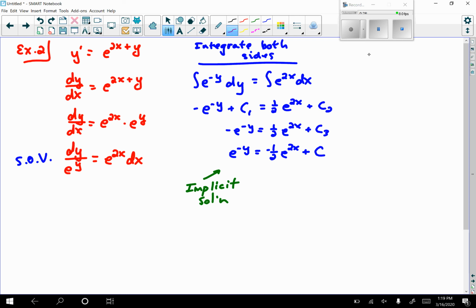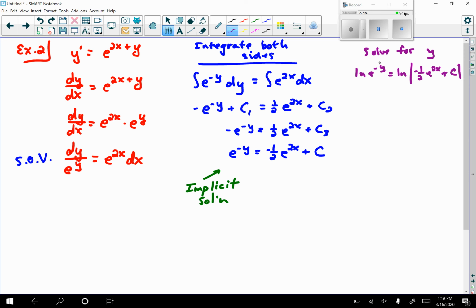So to get the explicit, we want to solve for y in terms of x. So I'm going to take the natural log of each side. Now, I want this to be positive, so I need the absolute values. So negative 1/2 e to the 2x plus c. Keep that in the absolute values.